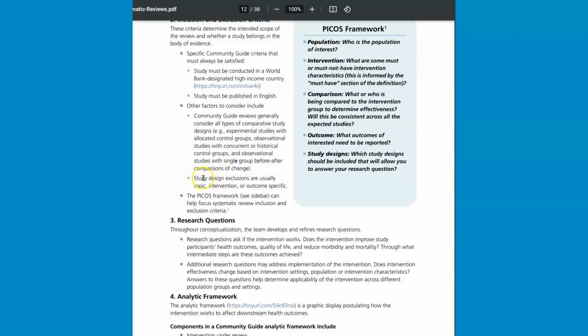And study design exclusions are usually topic, intervention, or outcome specific. And then the next part of this, of course, is the PICOS framework, which, if it were up to me, would be number 1. It can help focus systematic review inclusion and exclusion criteria. I have lectured on this extensively elsewhere, but this has been provided for the sake of completion on the right-hand side. And these are some good questions to be asking, just briefly, for PICOS in order to narrow down your research topic.